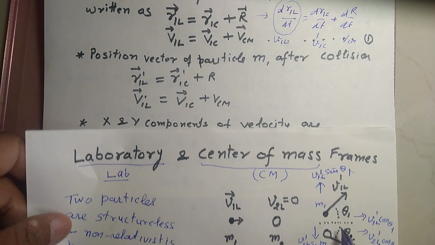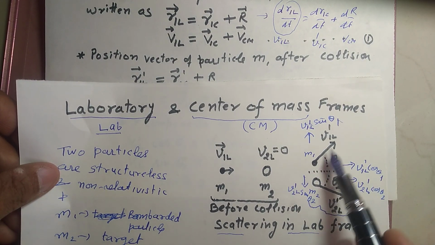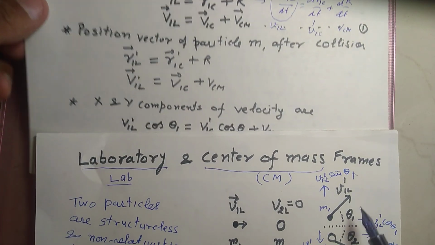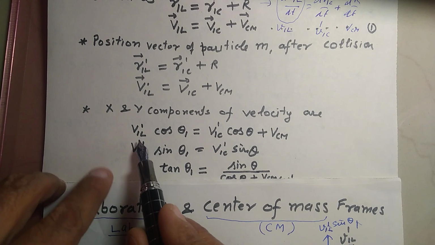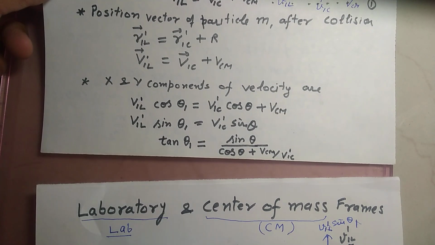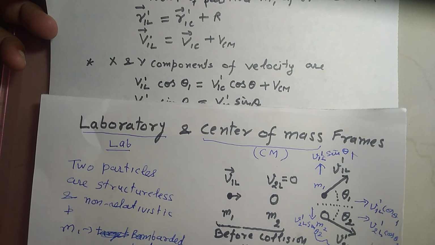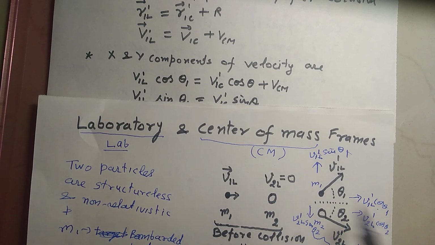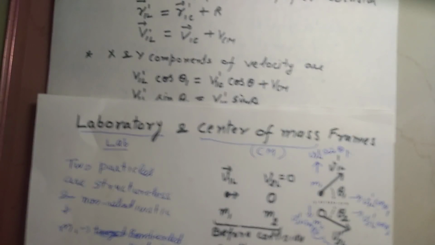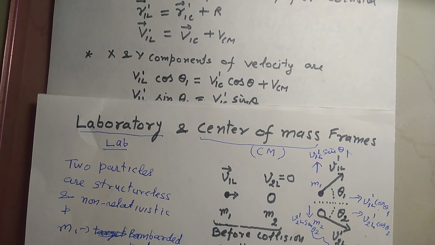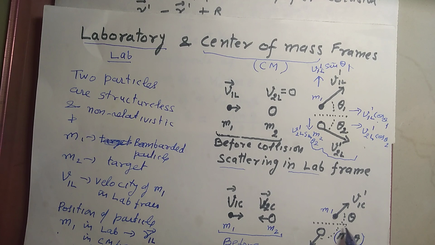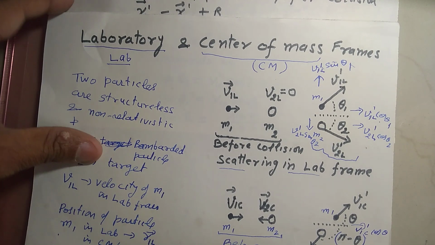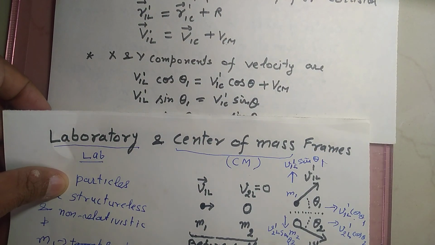We have written the x and y components after collision. The x component: v1 prime 1l cos theta 1 is equal to v1c prime cos theta plus vcm along the x-axis.